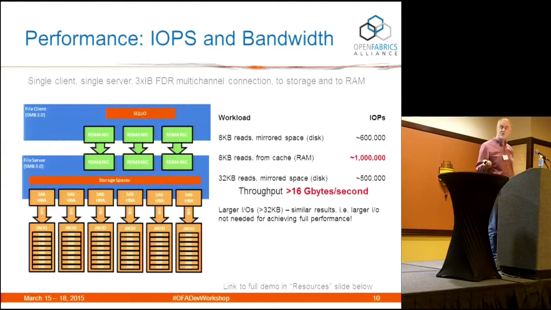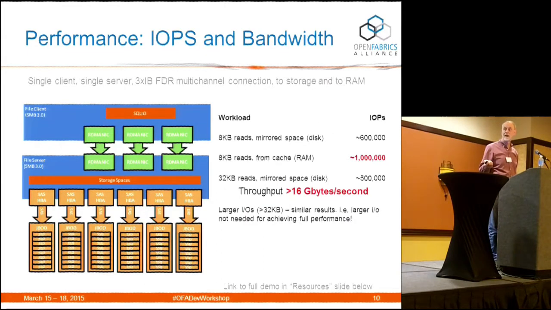And then we went to a bandwidth workload in which we went to large reads. And it turns out we only had to go to 32 kilobyte reads to attain a throughput of 16 gigabytes per second. Basically each one of these NICs is worth about 5-point-something gigabytes. So we maxed out all 3 NICs. We were running about 65%, nowhere near 100% CPU on the server.